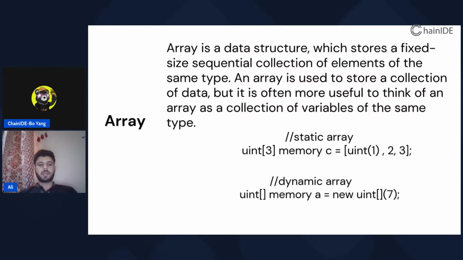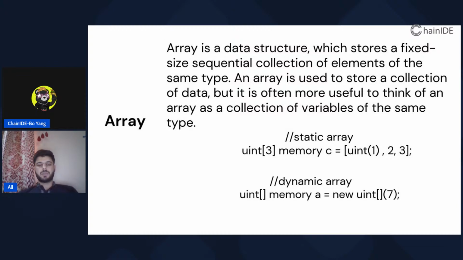So Solidity has arrays also, like other programming languages. When we want to store specific data types, we use an array, which is a data structure that stores a fixed-size sequential collection of elements of the same data type. An array is used to store a collection of data, but it is often more useful to think of an array as a collection of variables of the same data type.